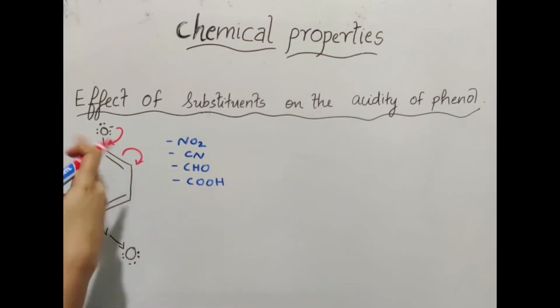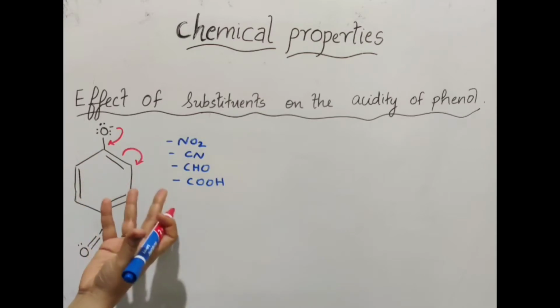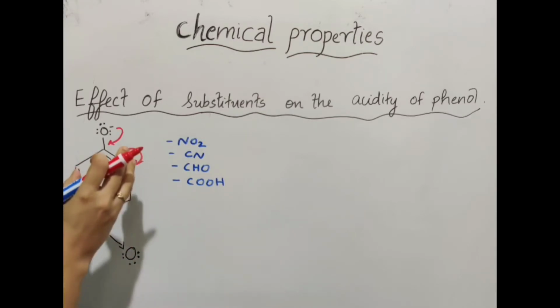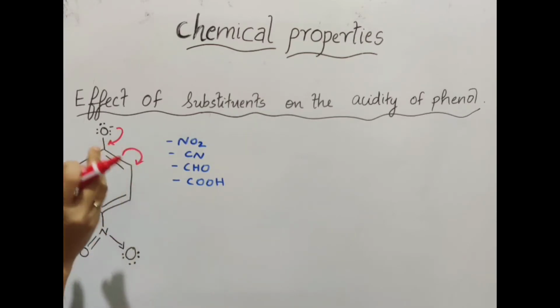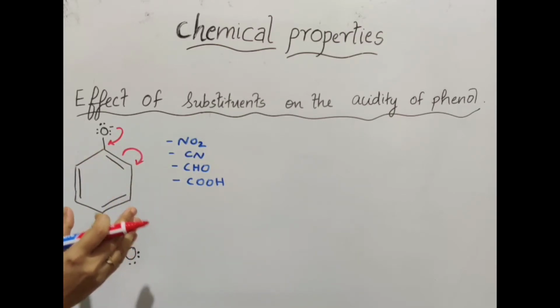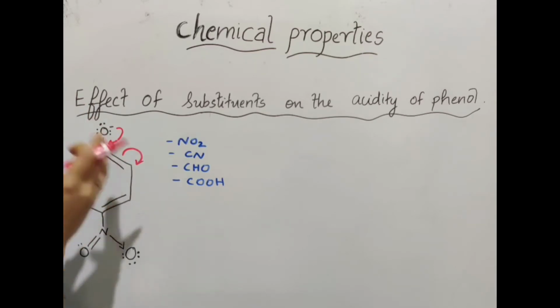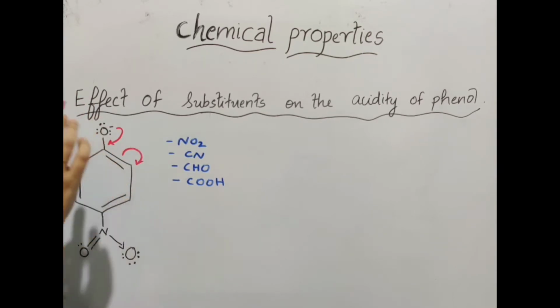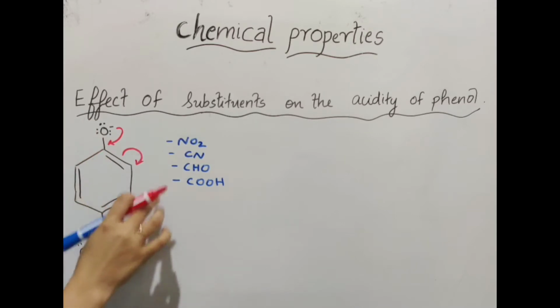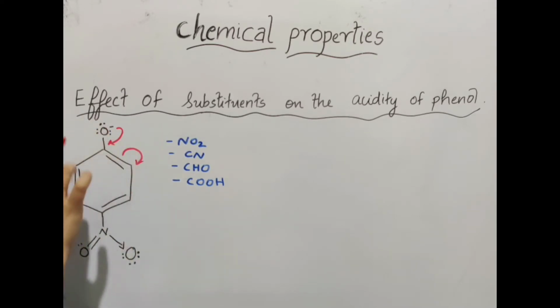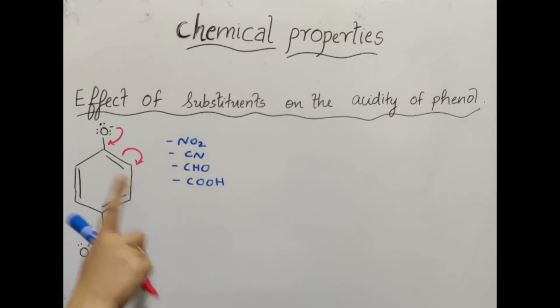This increases the electron density of the conjugated system. Then such a phenomenon is known as plus M effect. If it decreases the electron density on the benzene ring, that is the conjugated system, that is called minus M effect, that is negative mesomeric effect.